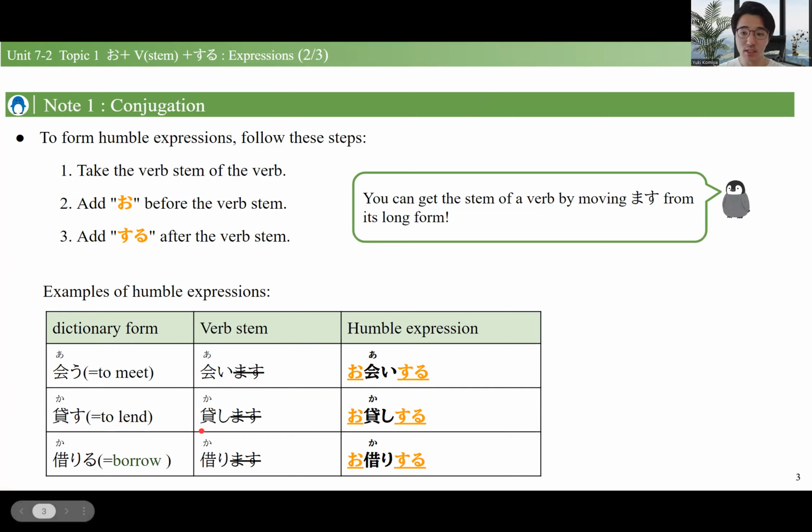The verb stem is 貸し. So お貸しする, humbly lend something to somebody. 借りる, to borrow, 借ります. That's the ます form. The stem is 借り, so お借りする, humbly borrow something. So this is a way to make your action towards somebody of a higher social status sound more humble.